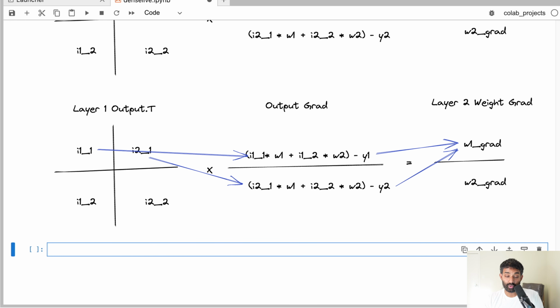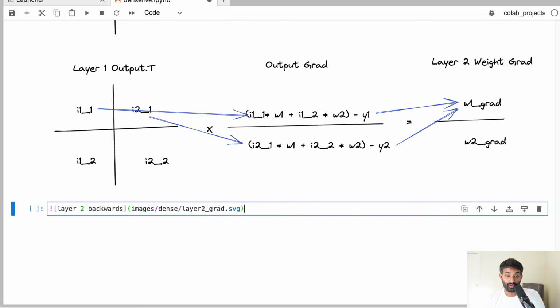But this is the backward pass, and we're essentially reversing that operation. We're saying, okay, which input from layer 1 made up part of which output, and which weight was it connected to? So we're reversing that operation to figure out how much we need to adjust each of the weights. This is what we end up with when we calculate it out.